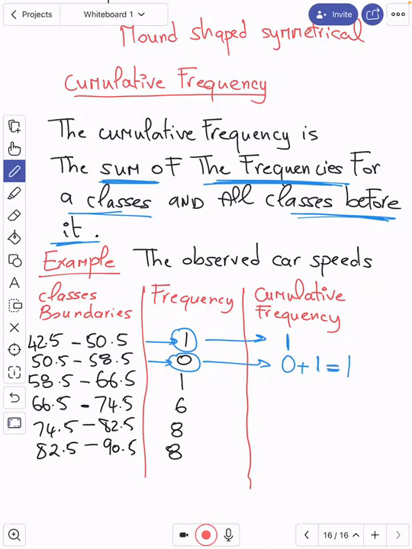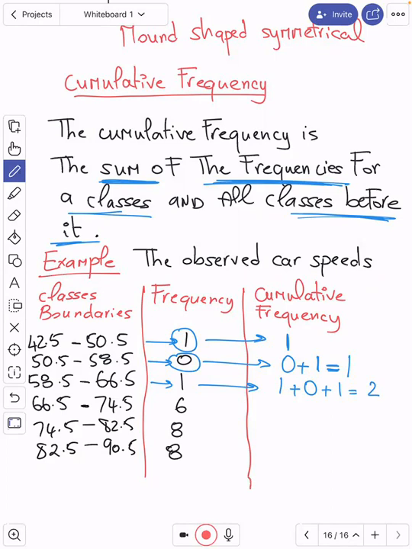Now for the third class, the frequency is 1 plus the frequencies of the classes before it. Before the third class we have the second class, its frequency is 0, and before that the first class, its frequency is 1. So it's 1 plus 0 plus 1, and that will be 2.